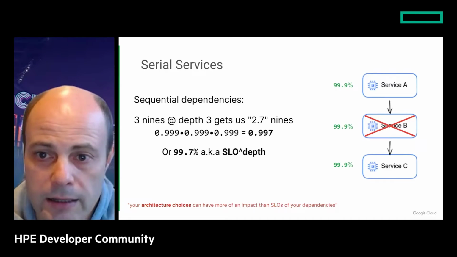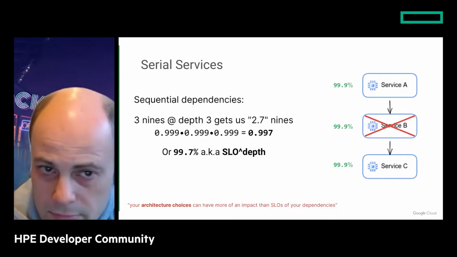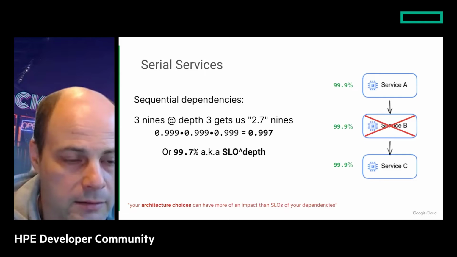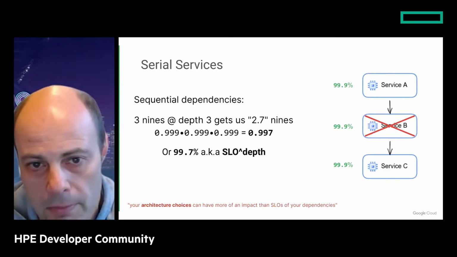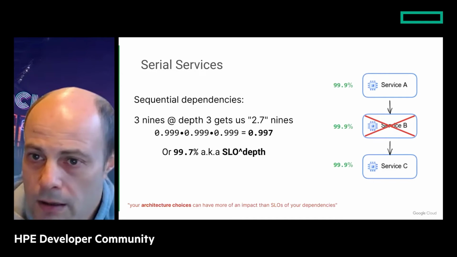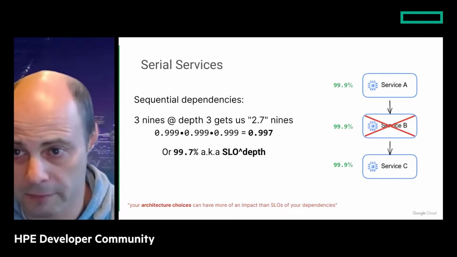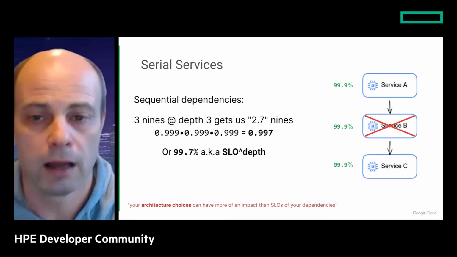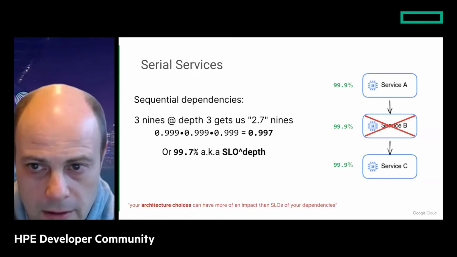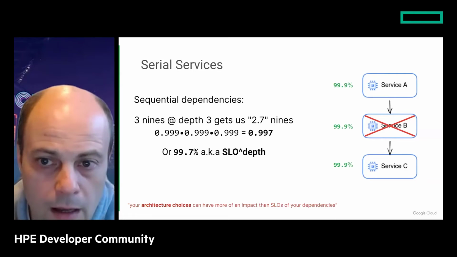And like in our example with the dice, we essentially multiply each SLO by another, and we get in total the SLO to the power of the depth, which is 0.997. As you see, even if we have a reliable infrastructure in underlying levels, the choice of architecture when we create such a dependency may have a lot of consequences on our SLO.